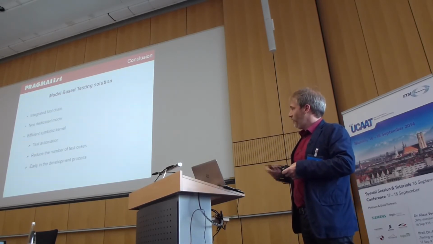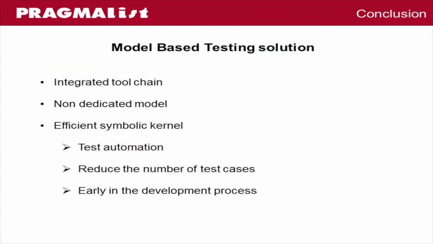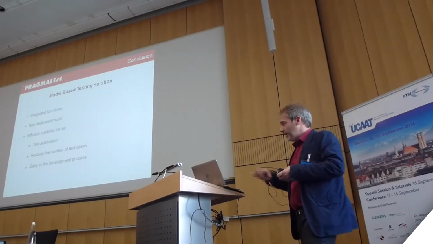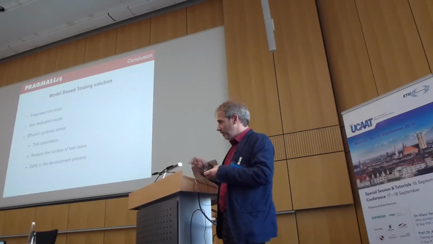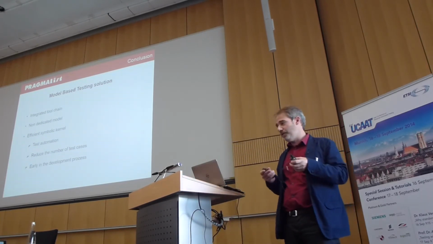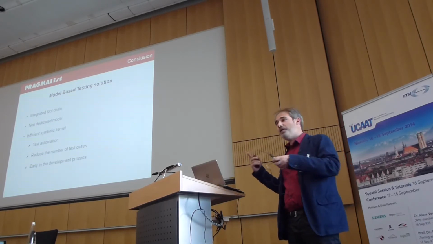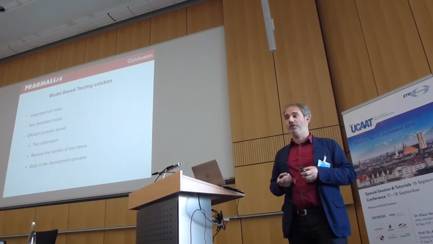And as I showed with these measurements, we have an efficient symbolic kernel that reduces the number of test cases. And that's also another thing that is not in the table I showed, is that the number of test cases is very small with the symbolic resolution tool, where it was very high with the other tool, the exhaustive simulation tool.